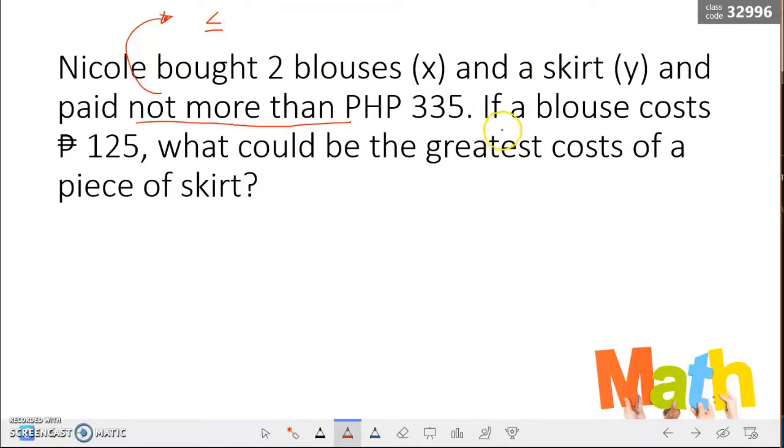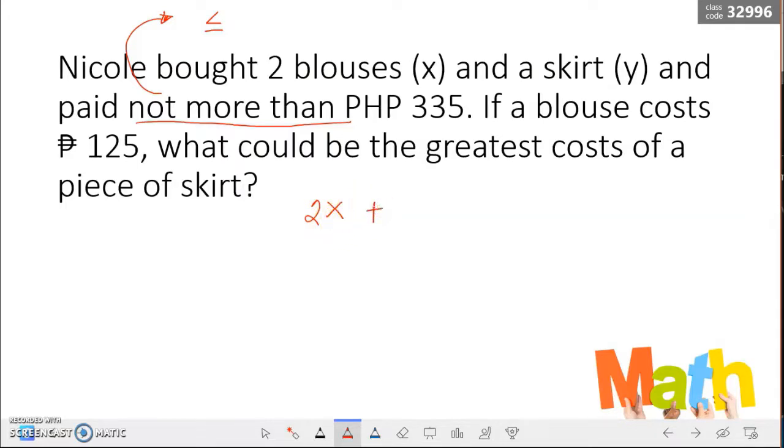Next statement: if a blouse costs 125 pesos, what could be the greatest cost of a piece of skirt? Okay, so let's first have our equation, our linear inequality. Let's set it up. Nicole bought 2 blouses, so 2 blouses. The price of a blouse we don't know, x.